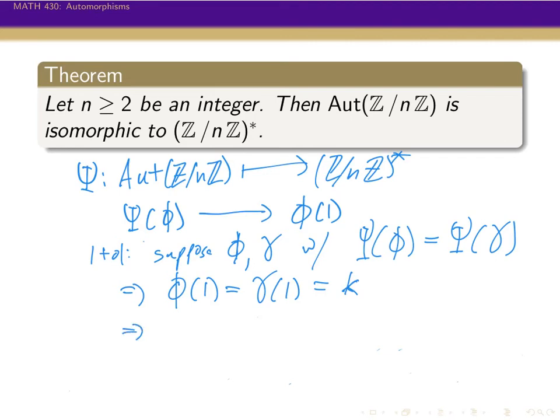So then if we look at phi of b, well, this is going to be b times phi of 1, same as we saw before, because it would be phi of 1 added to itself b times, which would be equal to b times k. And this is the same thing that we get if we do gamma of b.